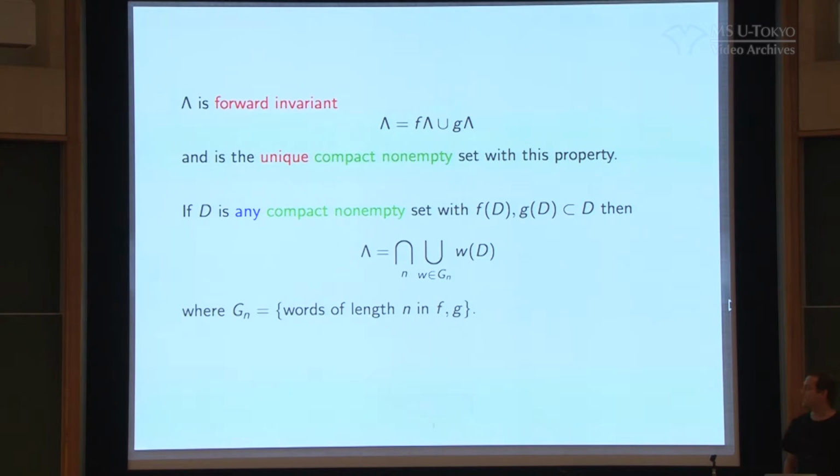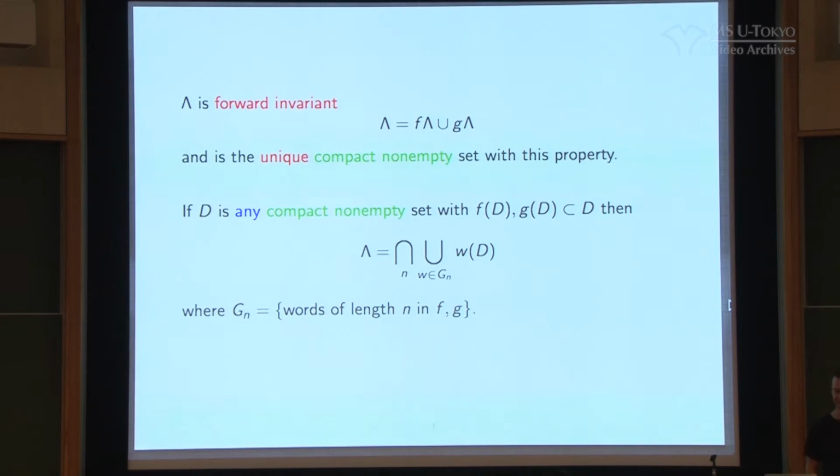So this set, lambda, one way to define it is that it's a forward invariant set, and it's the unique, compact, non-empty forward invariant set with this property. And so it's easy to define it, or to find it, as an intersection of sets that you can find more concretely. Pick any set that's big enough to contain this limit set lambda.